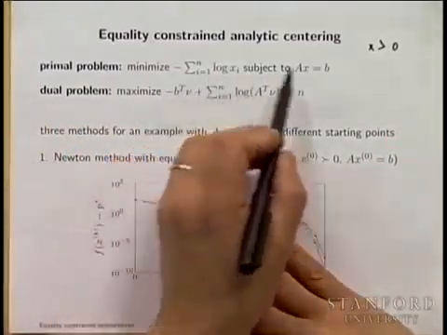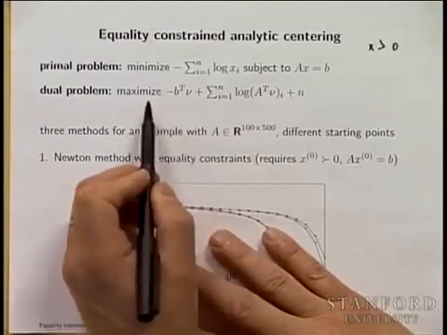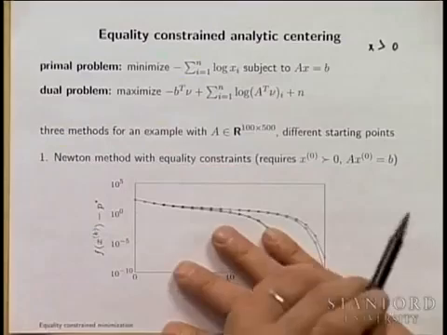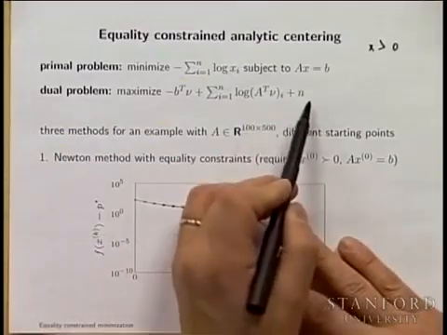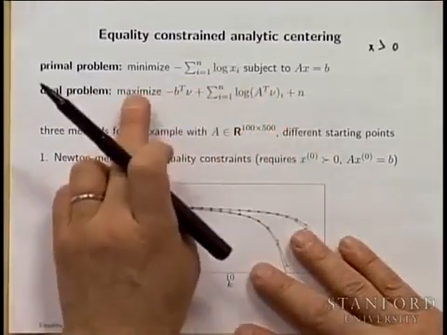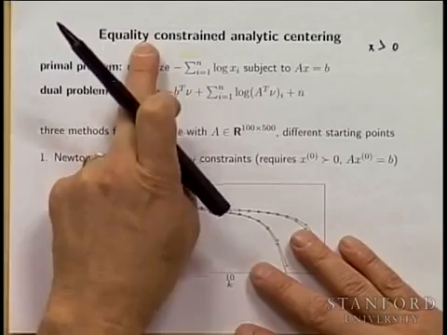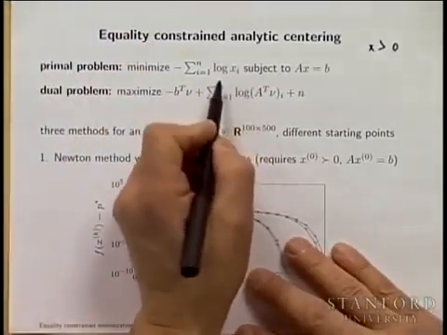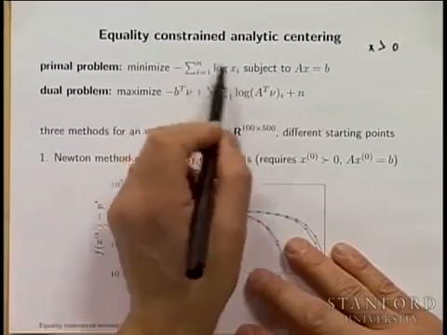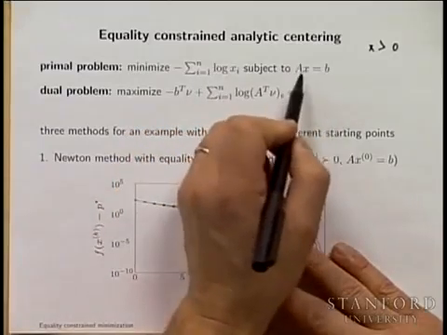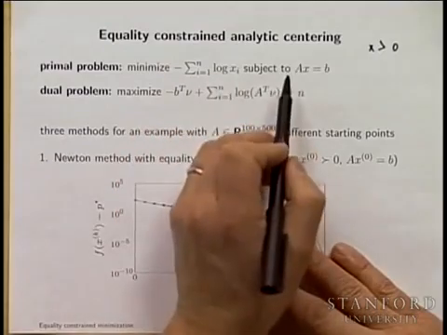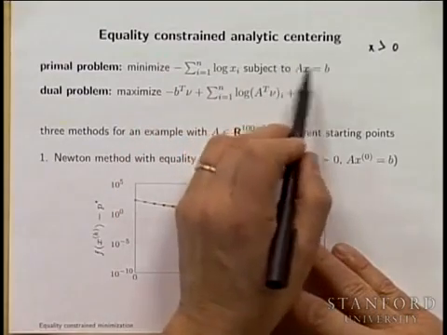Now the dual problem for this is maximize minus b transpose nu plus the sum of log of A transpose nu, plus n. The n, of course, doesn't matter, but if you want the optimal value of this to equal the optimal value of that, then it matters. In this case, the Lagrangian is the sum of the logs plus nu transpose (Ax minus b).